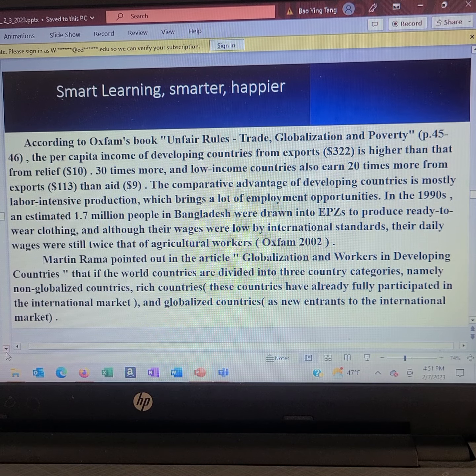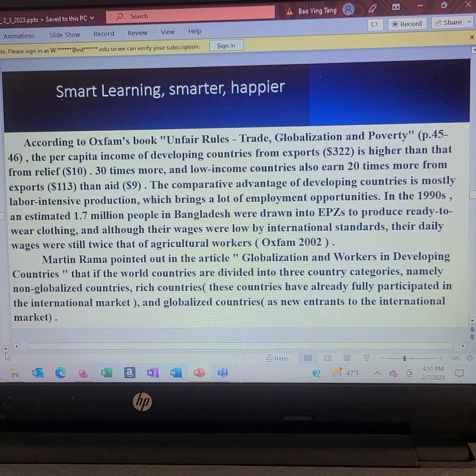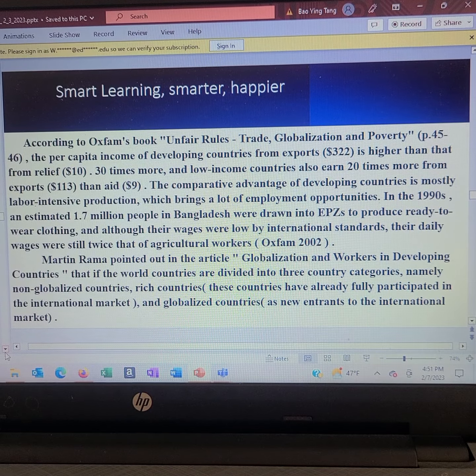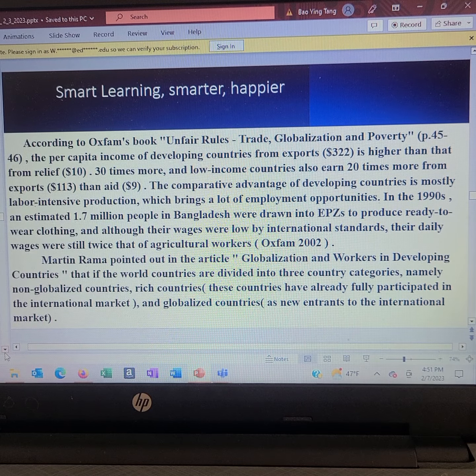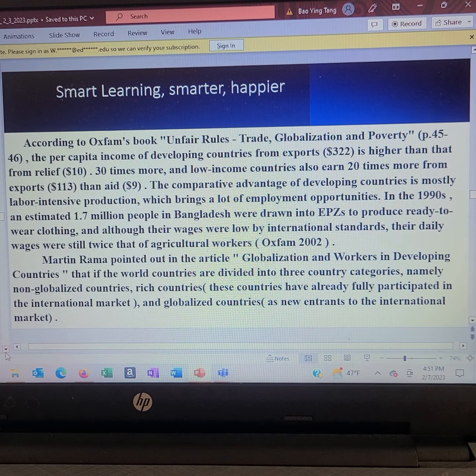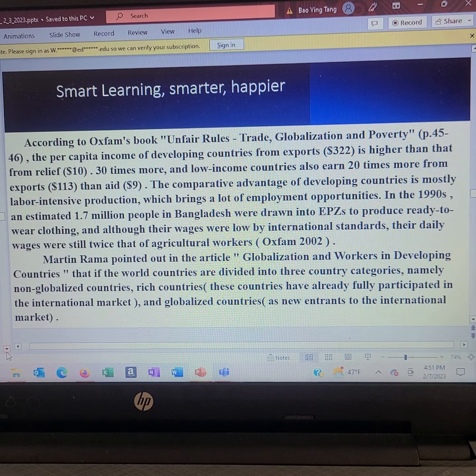Martin Rama points out in the article, Globalization and Workers in Developing Countries, that if the world's countries are divided into three categories, namely non-globalized countries, rich countries, which have already fully participated in the international market, and globalized countries as new entrants to the international markets.